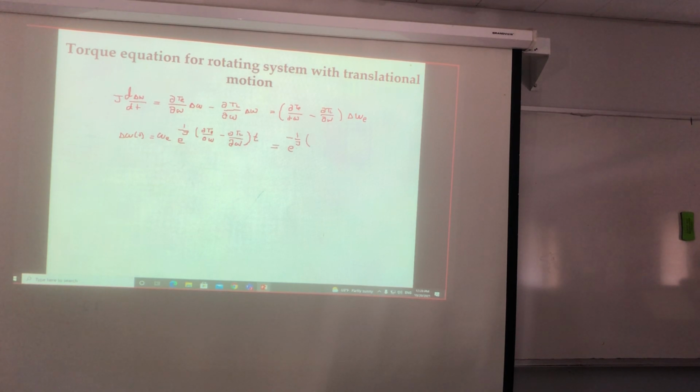Correct? So, partial TL by partial omega minus partial TE over partial omega.